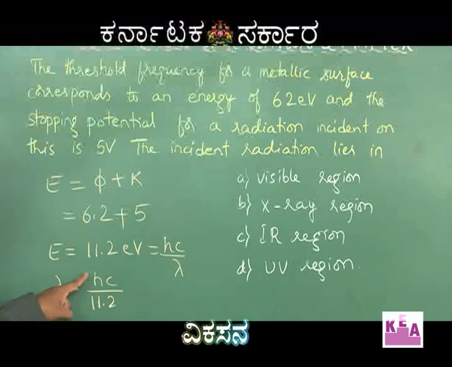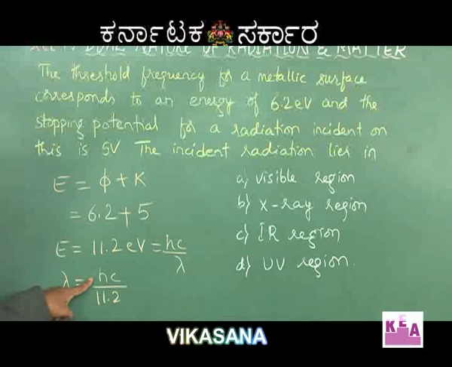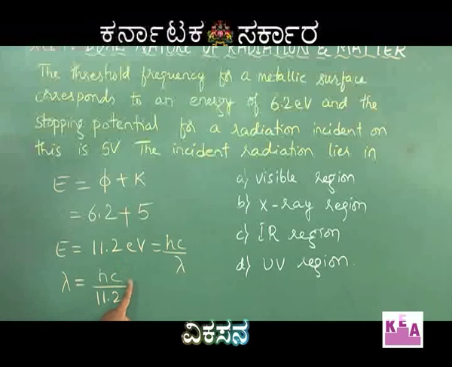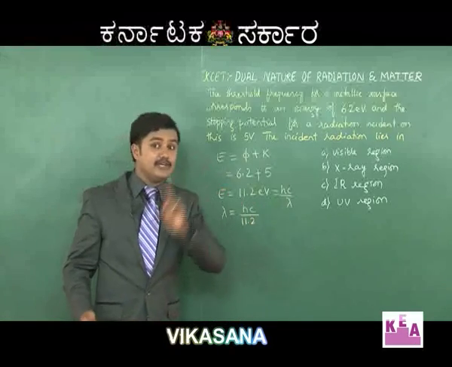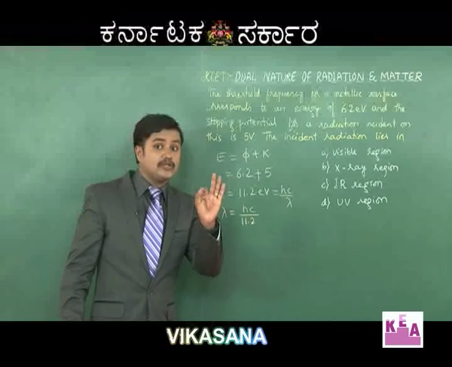Now the task is to substitute for hc. As I've already mentioned many times, hc should be expressed in electron volt and nanometer, so that I get the wavelength in nanometer. What is the value of hc in electron volt nanometer?